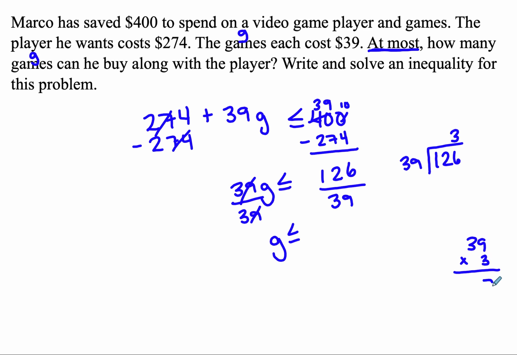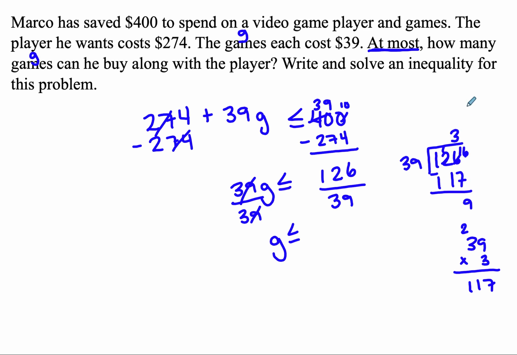9 times 3 is 27. 3 times 3 is 9, plus 2 is 11. Okay, so this is 117. All right, need to borrow. That 2 will be a 1, and the 6 will be a 16. 16 minus 7 is 9. 1 minus 1 is 0. 1 minus 1 is 0.